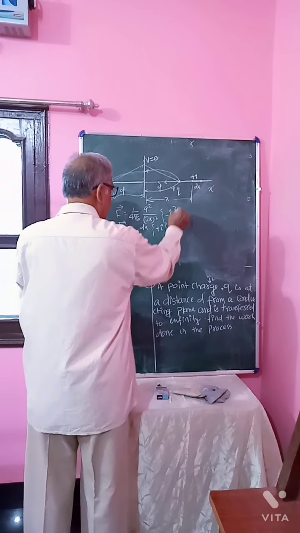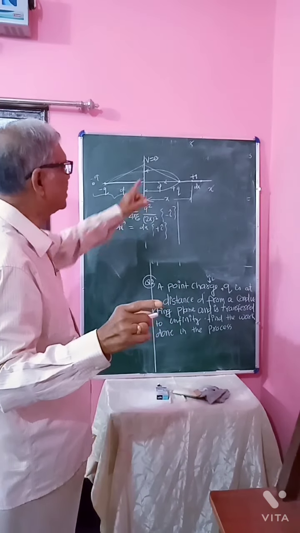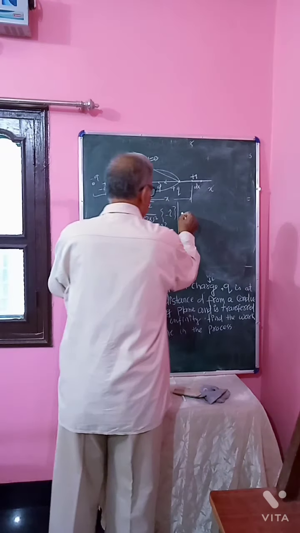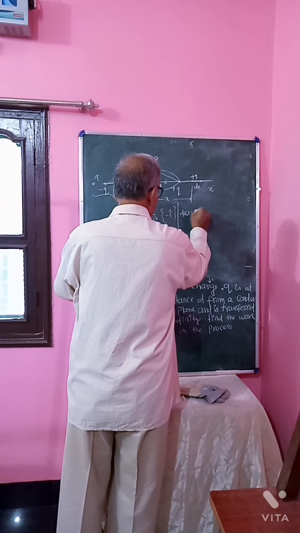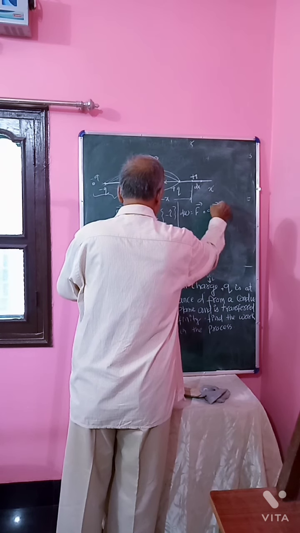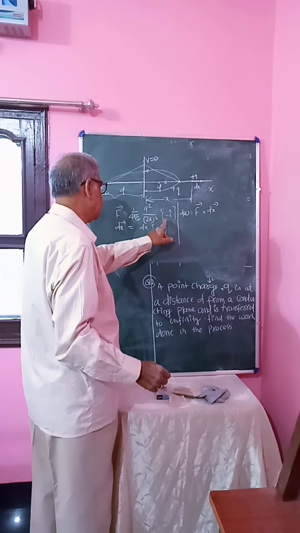As a result, the elemental work done in transferring the charge plus q through a displacement dx is equal to dW. Now this is F dot dx. So i cap dot i cap is 1.